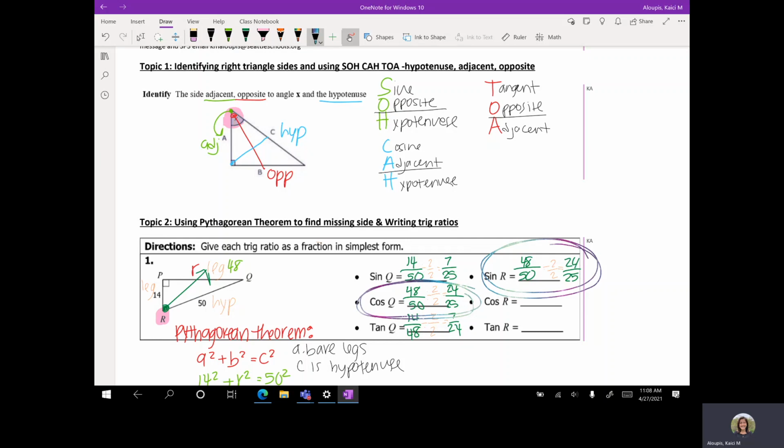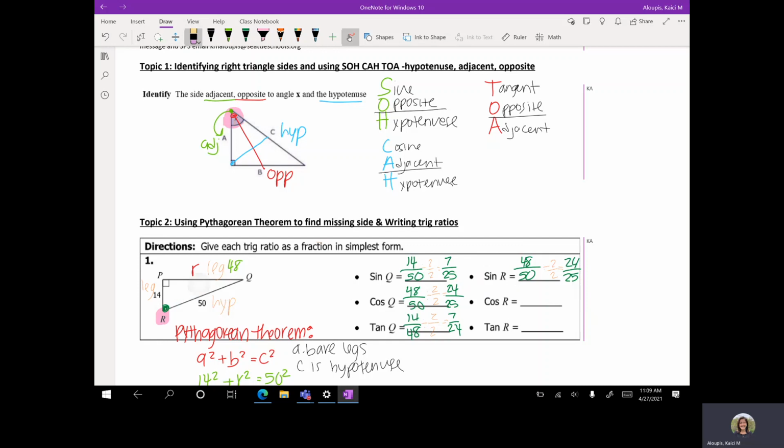This is because the opposite side and the adjacent side flip when we are talking about the two acute angles. So spoiler, the cosine of angle R is going to be the same as the sine of angle Q. And let's just check it out.